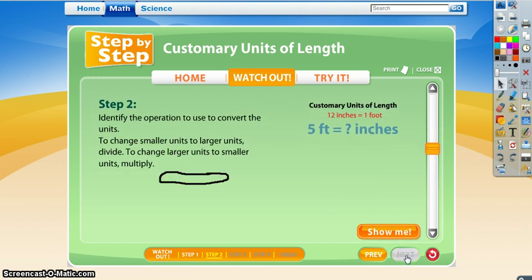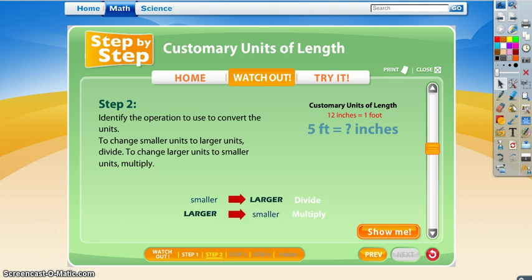Identify the operation to use to convert the units. Remember, to change smaller units to larger units, divide. To change larger units to smaller units, multiply. Okay, so we're going from a larger unit to a smaller unit, so we have to multiply. Since we're going from feet to inches, that's larger to smaller.